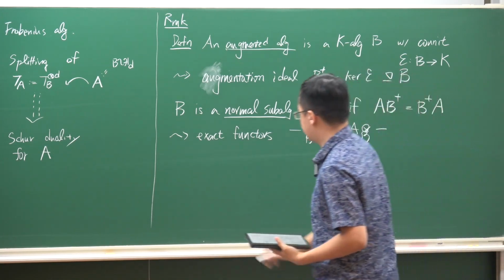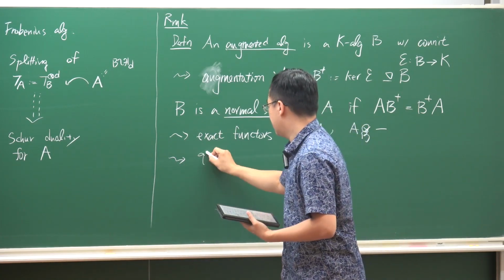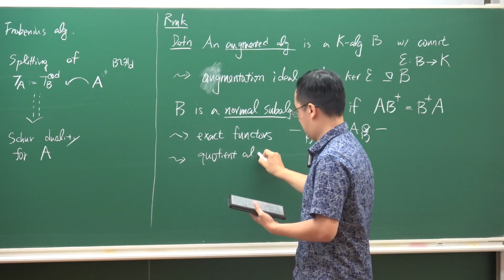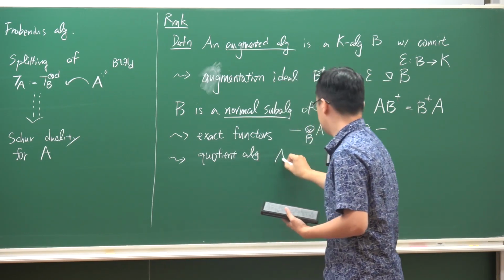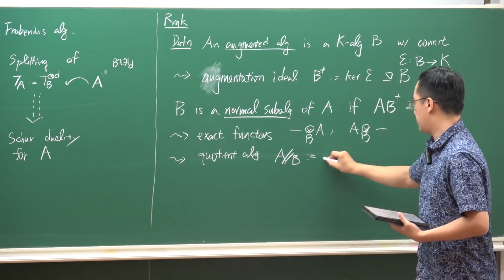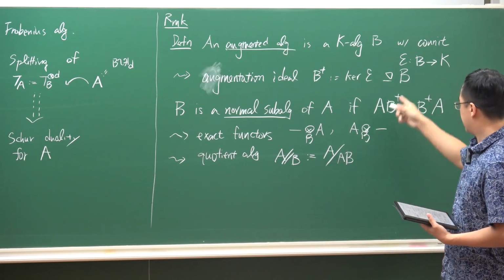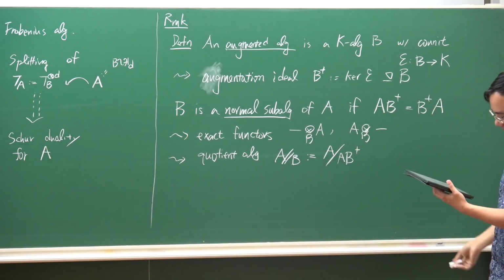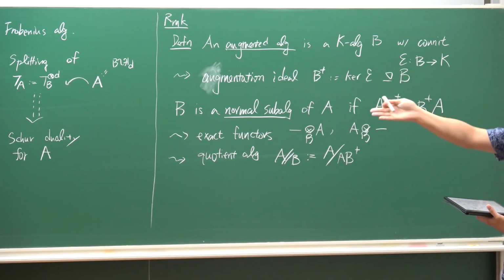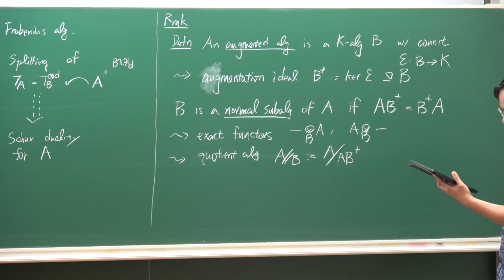And so, by some homological algebra, you get a notion of a quotient algebra. I write a double line to denote that you are really taking the quotient of AB plus or B plus A, and this is really isomorphic to A tensor over B with K, or the other direction.